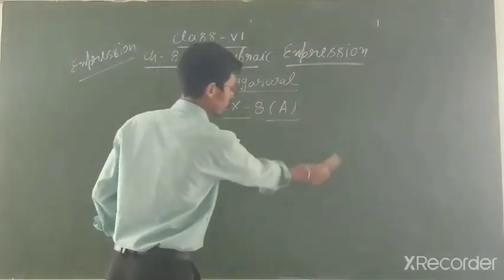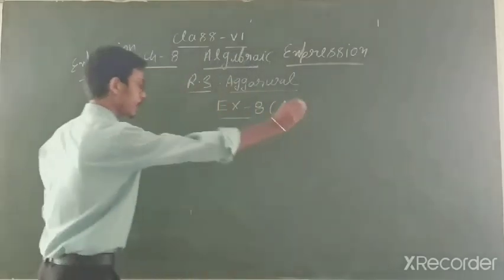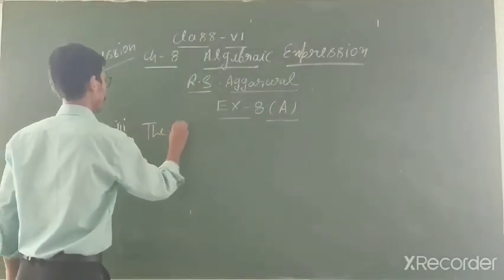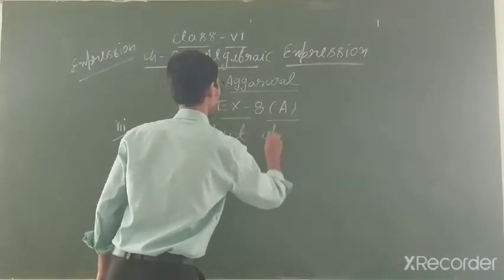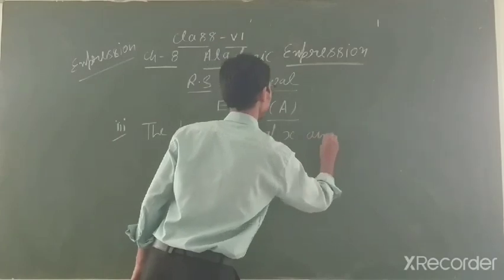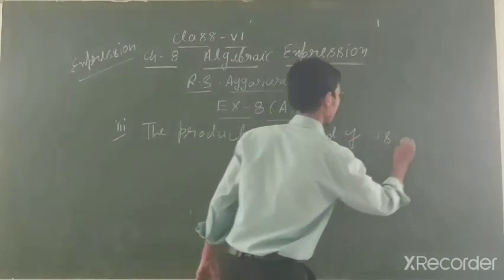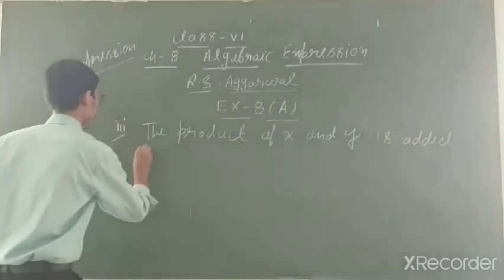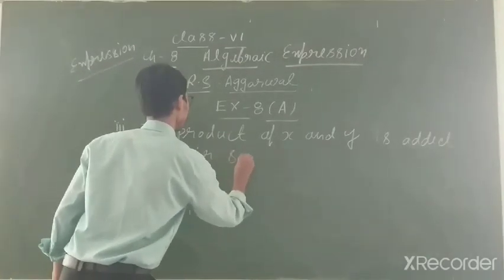Now come to the next question. Next is given, the product of x and y added to their sum. The product of x and y is added to their sum.